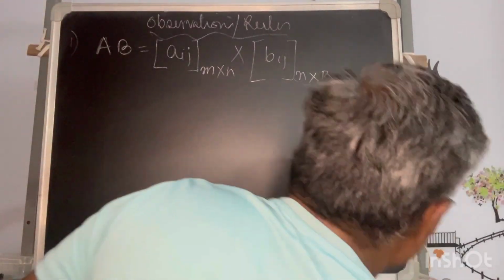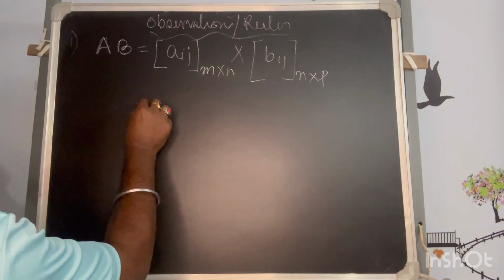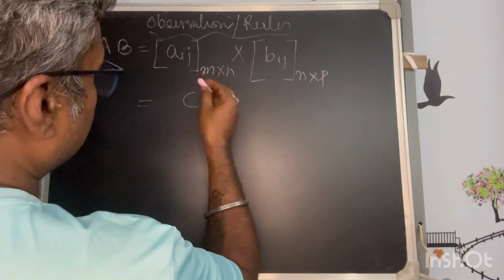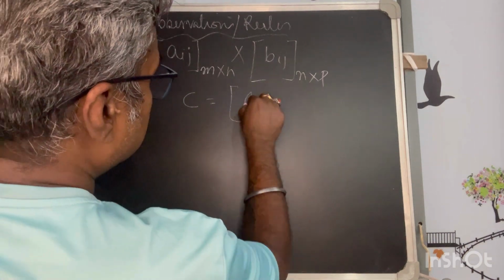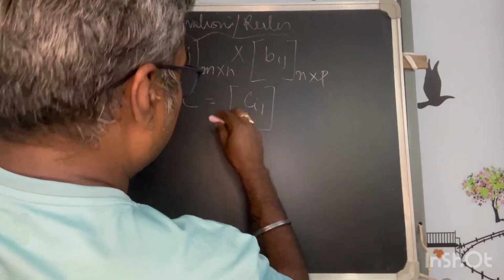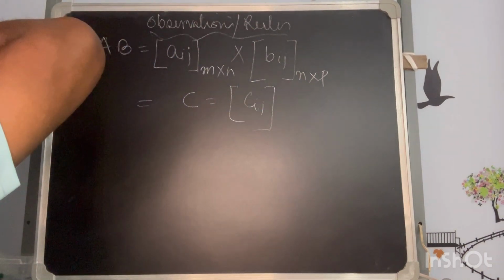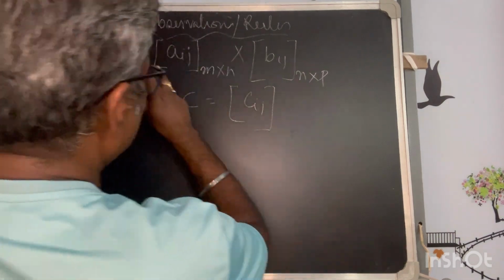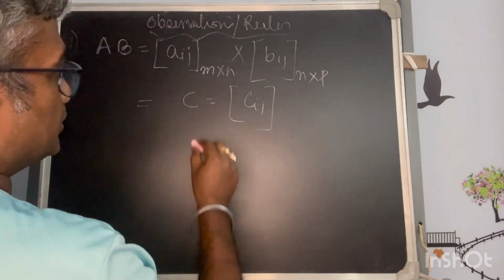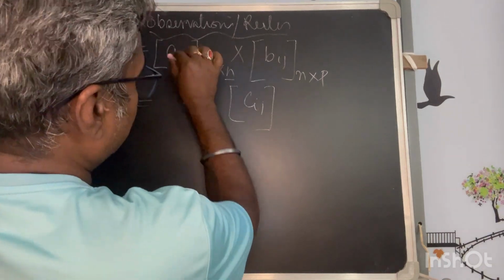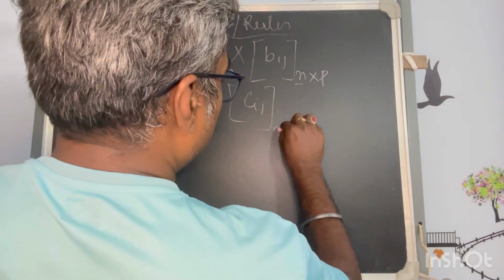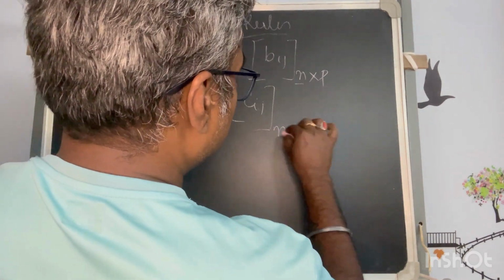Then the result, let's say we find as C, which is equal to cij. As I said, when you do multiplication, the column of the first must be equal to the rows of the second, and then the order I will get is m into p.